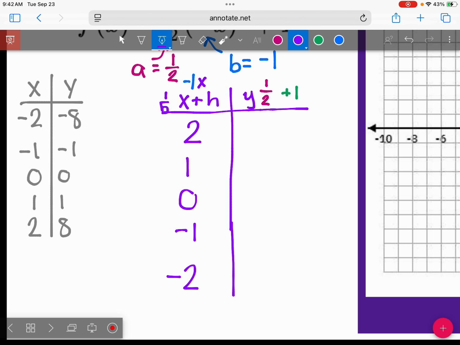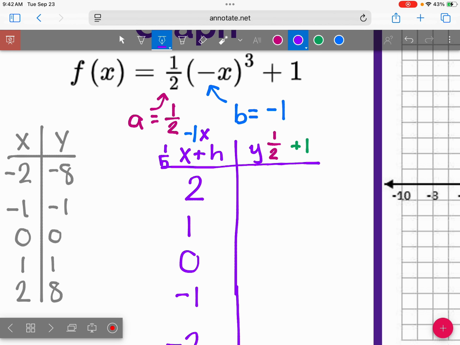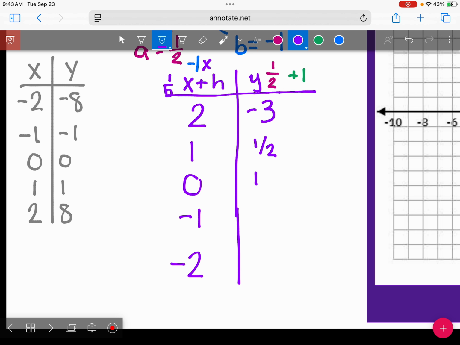Our y's, we're going to shrink. So our y times 1/2, -8 times 1/2, we get -4, +1, -3. -1 times 1/2, you get negative 1/2 plus 1 is positive 1/2. 0 plus 1 is going to give us a 1. 1/2 times 1 is 1/2 plus 1 is 1.5 or 3/2.